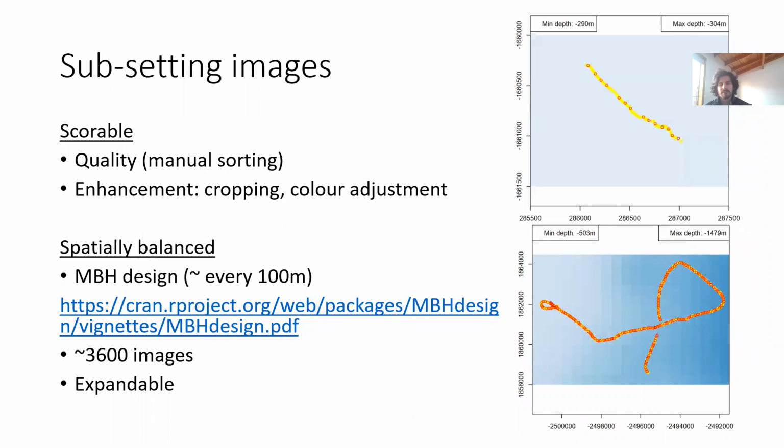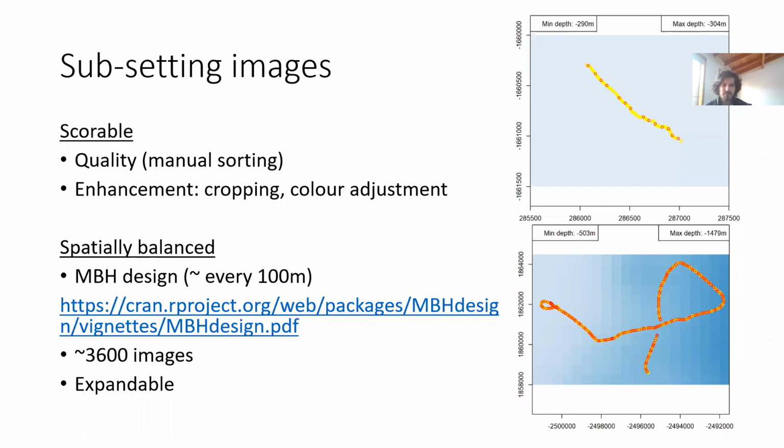From this 60,000 plus set of images, we then subset these images to ensure that we get images that are scoreable so that we can extract biological data, and that our samples are spatially balanced so that we're not sampling some areas more intensely than others.